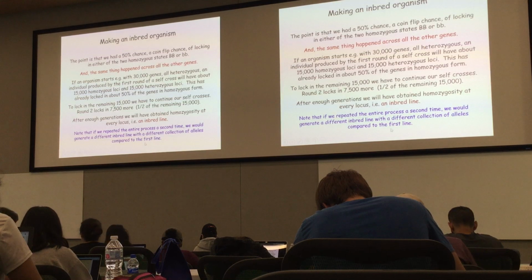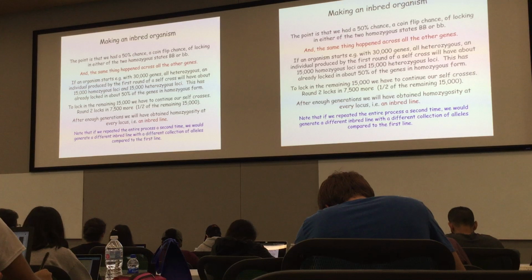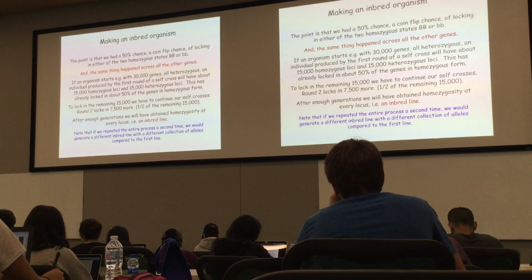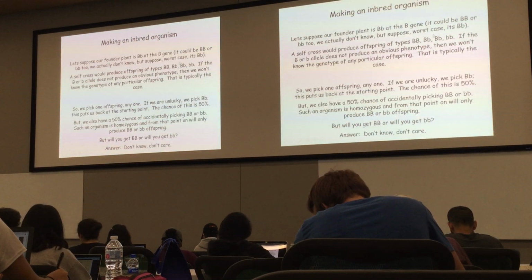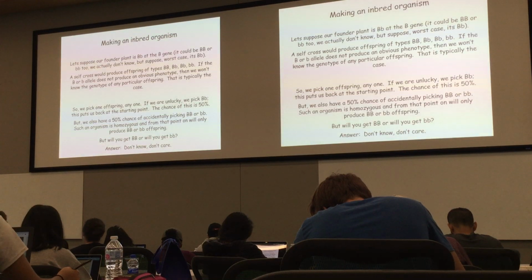Okay, so the note here at the bottom is an important note, and that is, if you started with an outbred plant, or even with one plant, and you did this procedure, you wouldn't necessarily end up at the same point if you did it twice, or if you did it in parallel. So sometimes, when you closed your eyes and picked, at some gene you'd get, let's say, big B, but you do it another time in another line of plants, you might get small b.